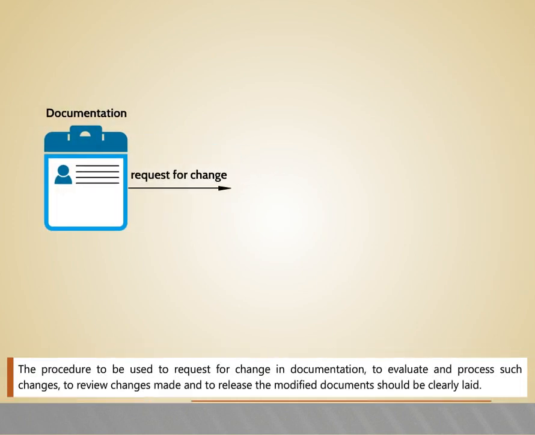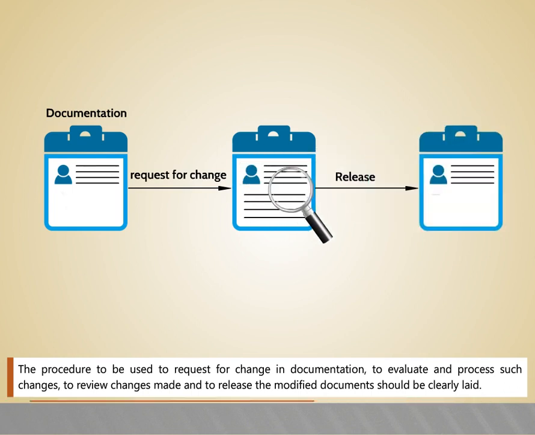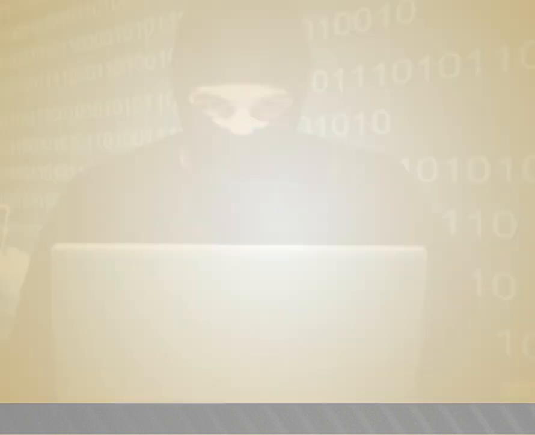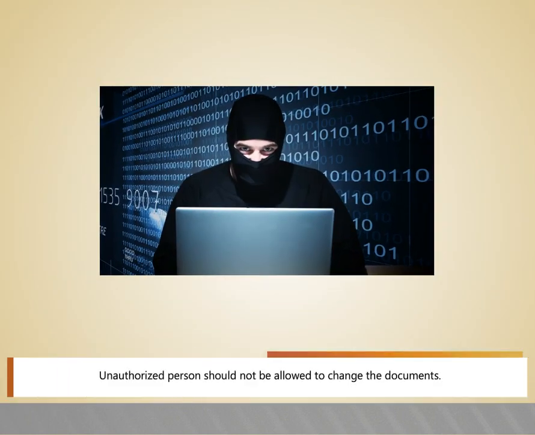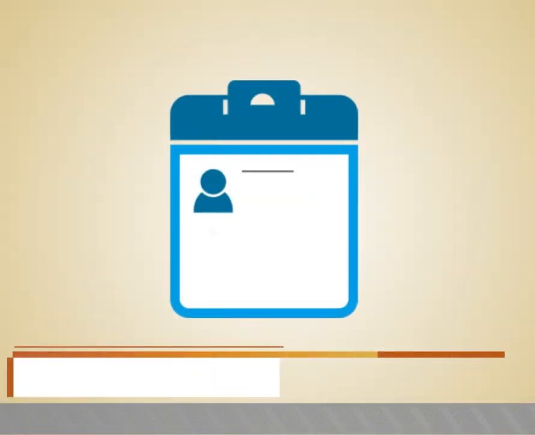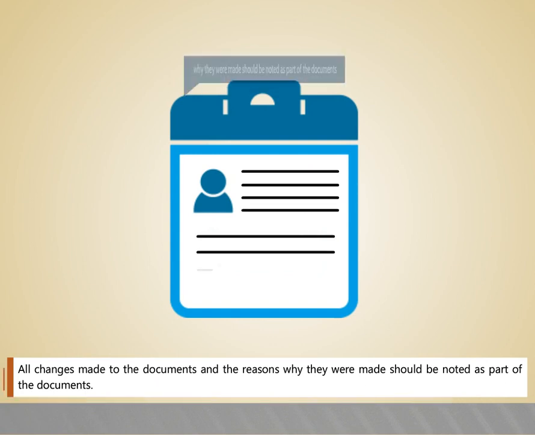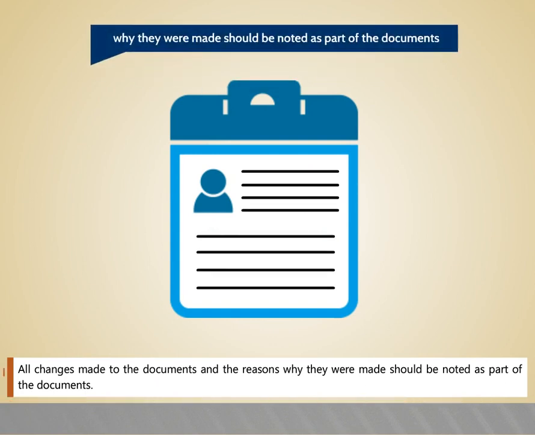The procedure to be used to request a change in documentation, to evaluate and process such changes, to review changes made, and to release modified documents should be clearly laid out. Unauthorized persons should not be allowed to change the documents. All changes made to the documents and the reasons why they were made should be noted as part of the documents.